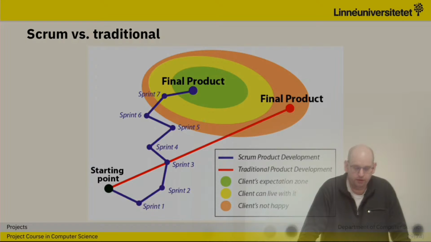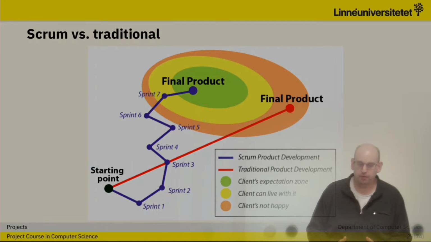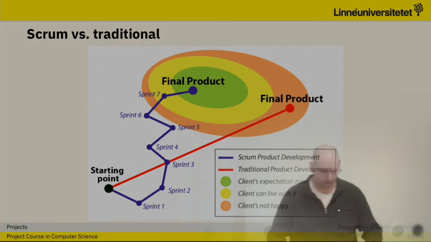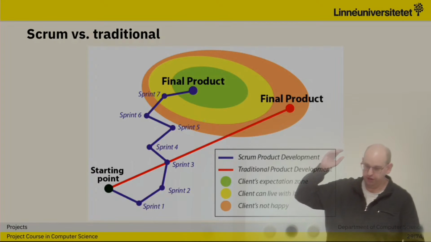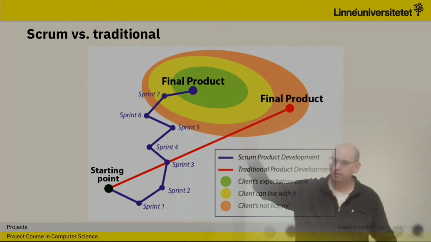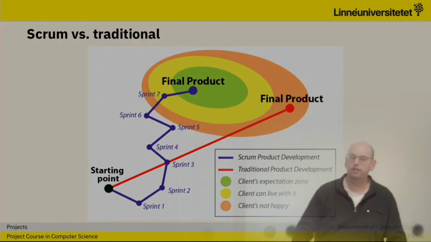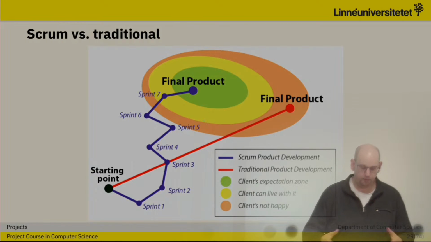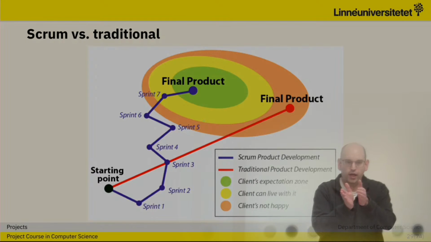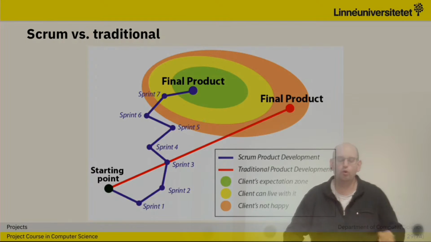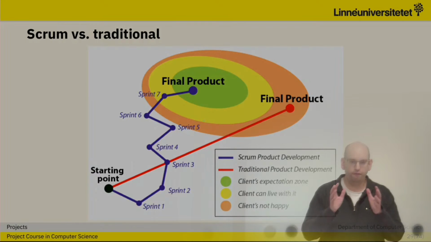And I think this is perhaps one of the most important slides, namely to try to show you how Scrum works organically towards a specific goal. So we have our goal, our vision, but instead of, as the traditional approaches, going straight to the final product, Scrum works in a manner where it feels the way forward towards the real final product.